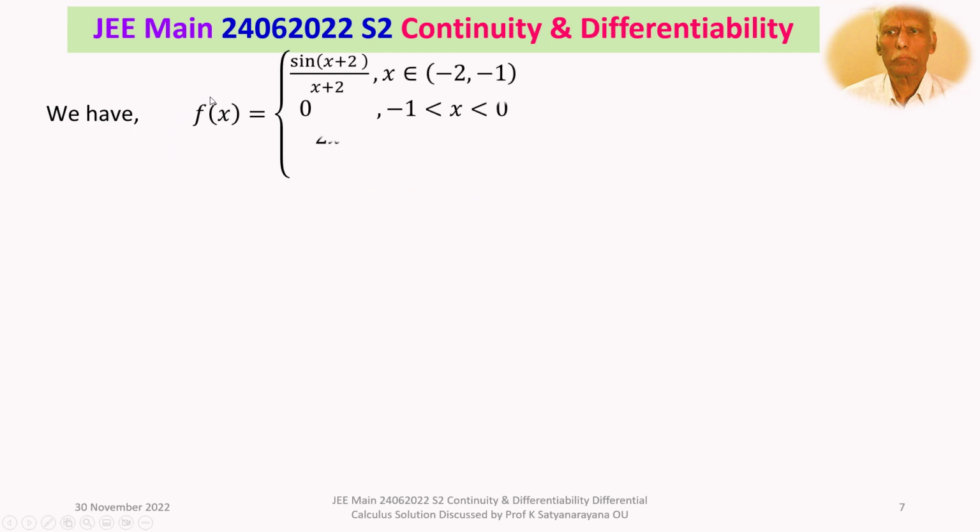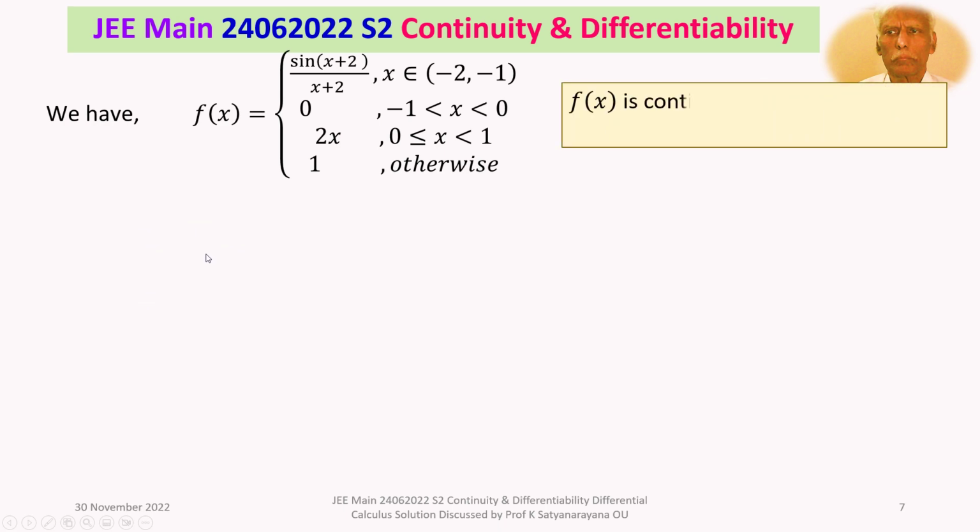We have the function f(x) like this. Now the second branch is broken into two sub branches, that is what we have seen in the last slide. So these are all continuous functions, and f(x) will be continuous except possibly at x equals minus 1, x equals 0, x equals 1.